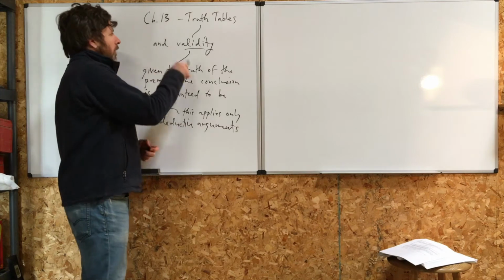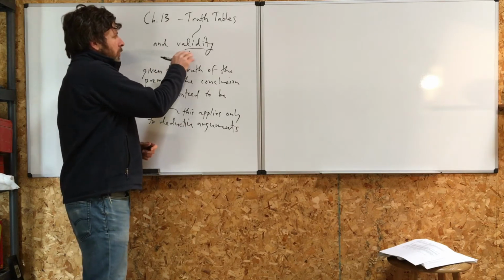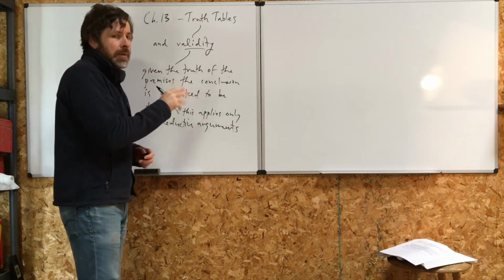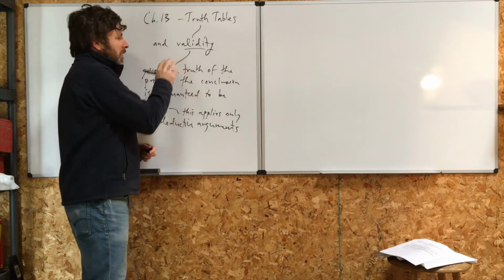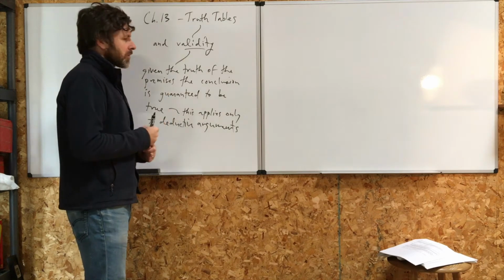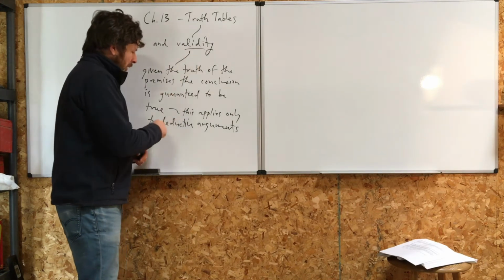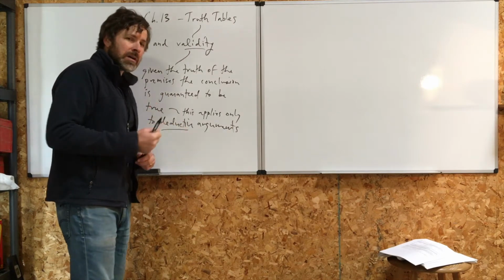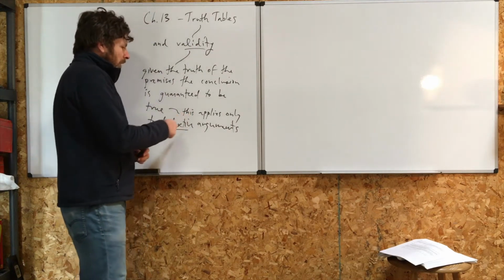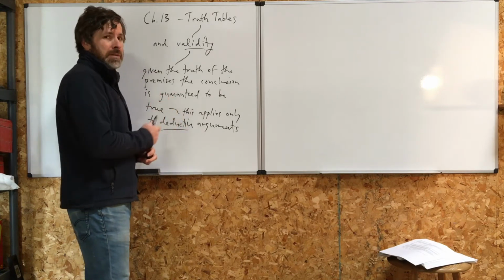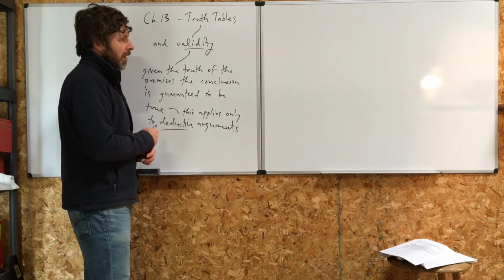So the standard of good form, validity, right? Well, the standard that inductive arguments use is not even the standard of validity. It's the standard of strength, as we've talked about before. Validity then applies only to deductive arguments. What's a deductive argument? That's when the author intends to guarantee the truth of the conclusion on the basis of the premises. Okay, intends to.